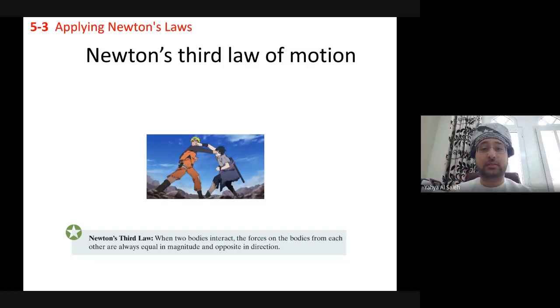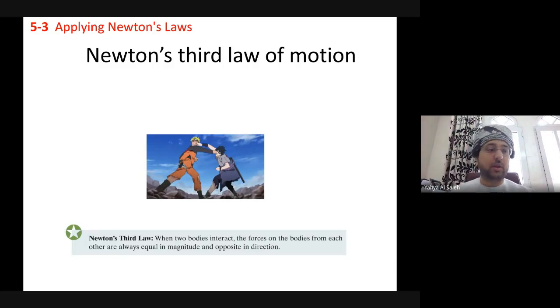The second one is the forces are not going to be acting on the same person, or on the same object. It's going to be acting on two different bodies. Because if he hits me, I'm not going to hit myself. I'm going to hit him. A very violent lecture today.